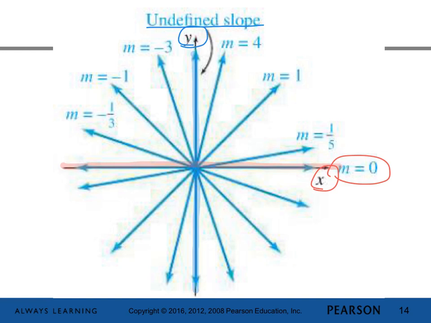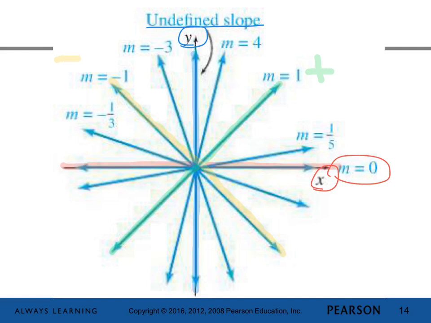Notice that lines that rise as they go from left to right have positive slopes. And by the same token, lines that fall as they go from left to right have negative slopes.